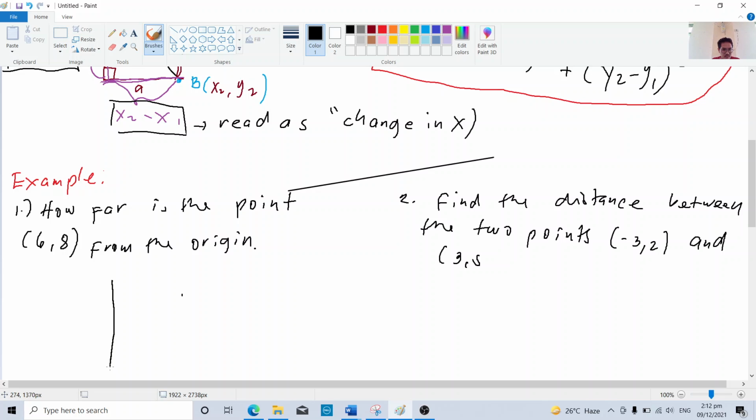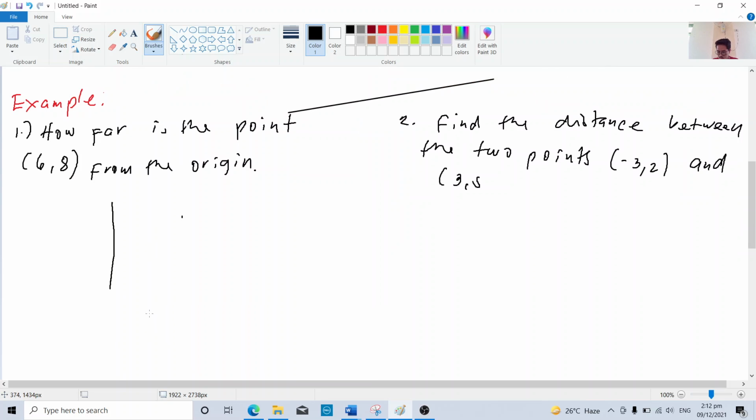If we plot in a Cartesian plane, ayan, 6, and on the y-axis, 2, 4, 6, 8, 10.